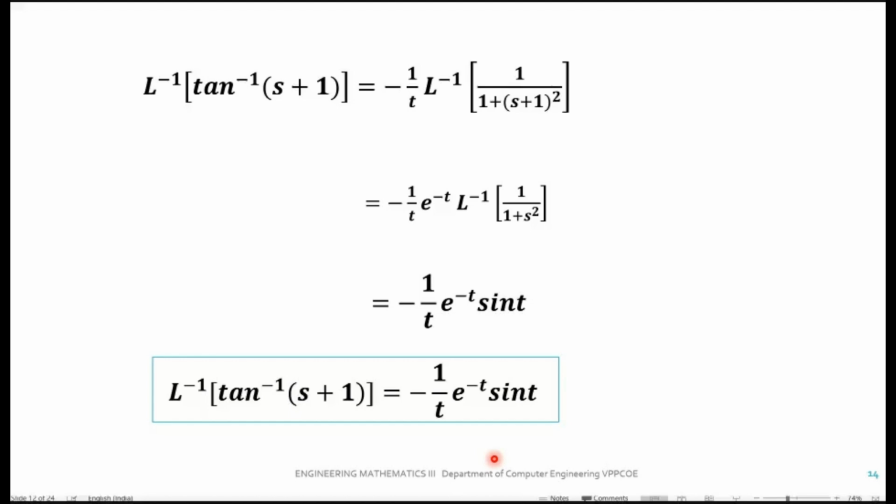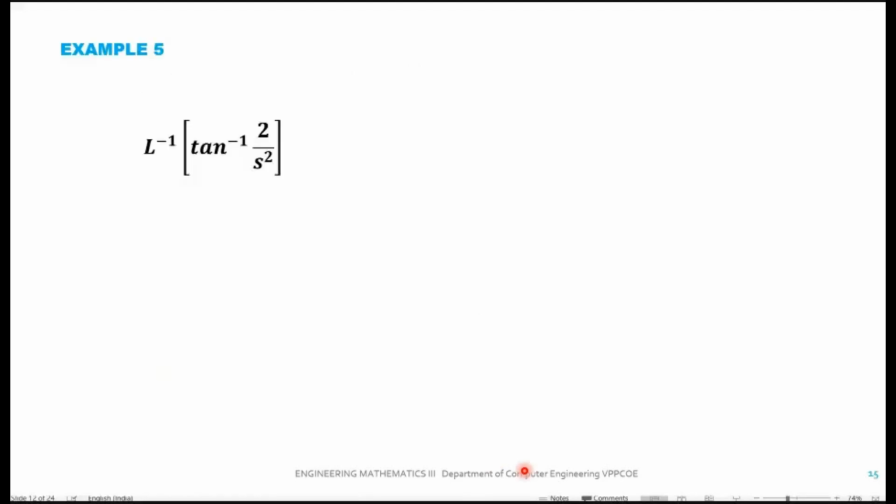Okay, next problem. Tan inverse of 2 upon s square.